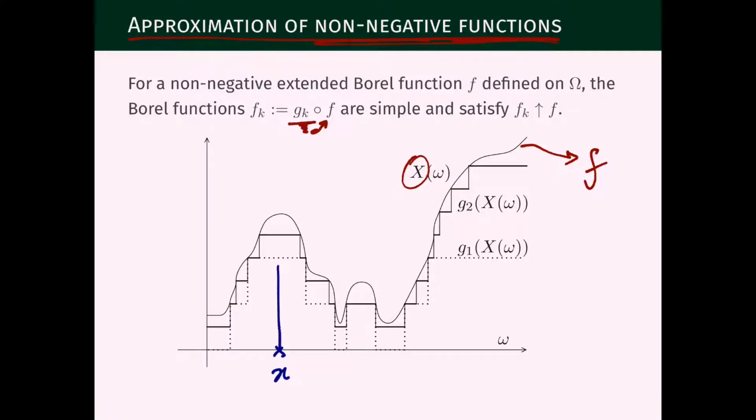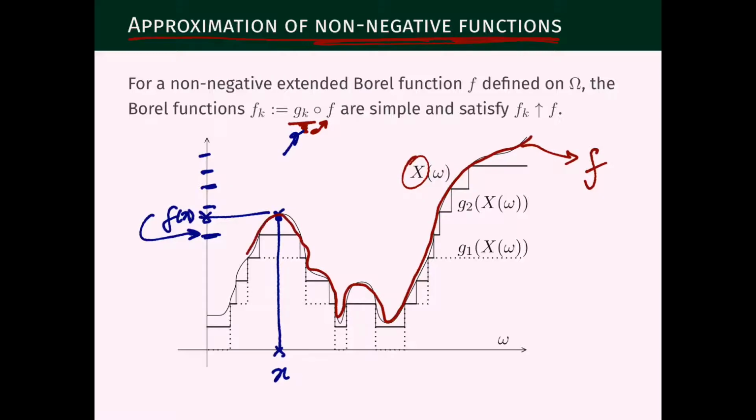we have a certain number f of x, and we just bring it lower to one of these points, the points where the function gk can take values. So this is what composing from the left with gk does to a function. The function used to go like this, and now for each x, you're just taking out of this set of possible values that you allow gk to take, and lowering your function until that point.